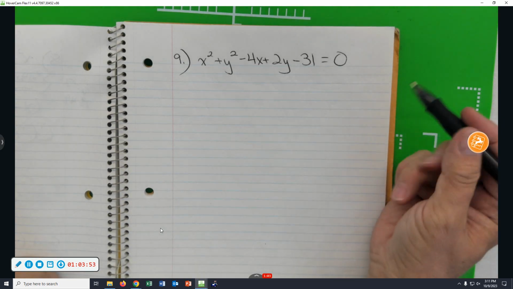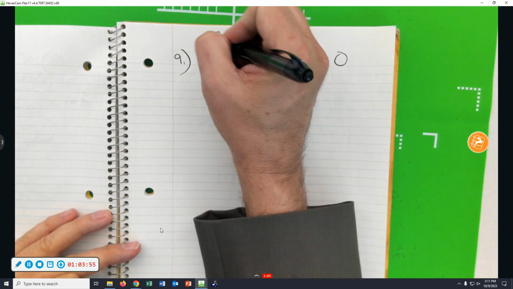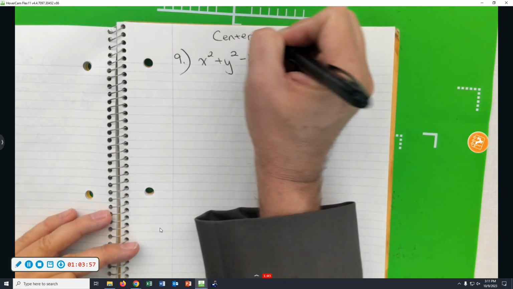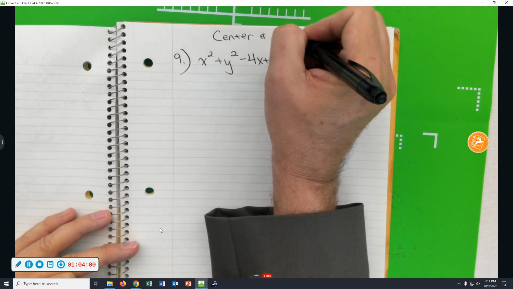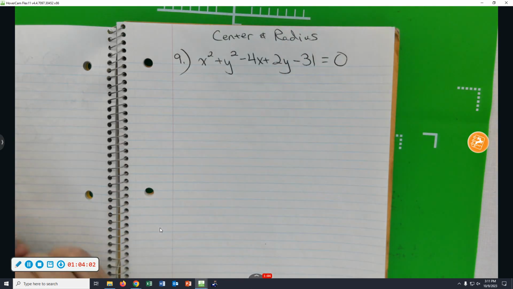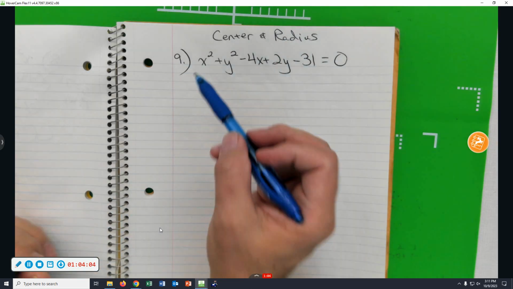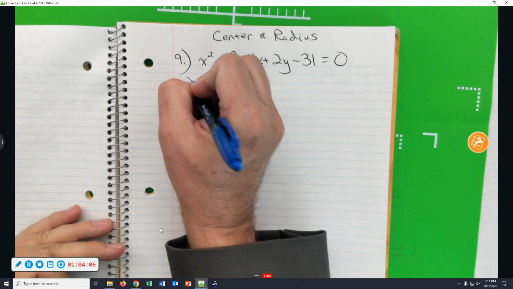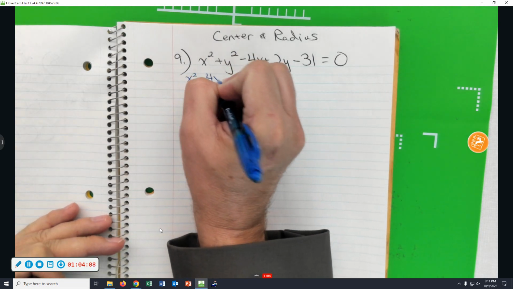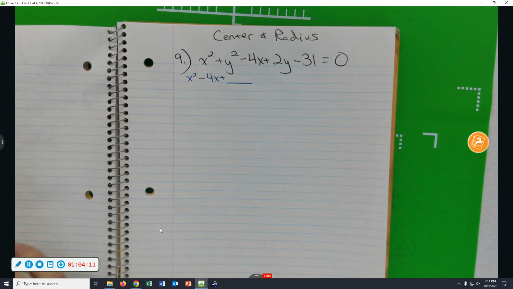In order to draw the graph, we have to find the center and radius. And to find the center and radius, we've got to get it in center radius form. So we'll group our x terms together. X squared minus 4x plus, we're going to add a number there.